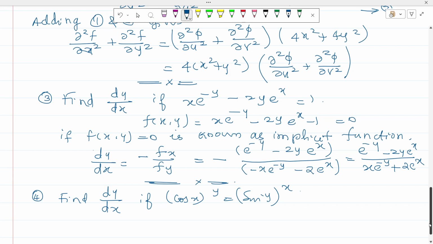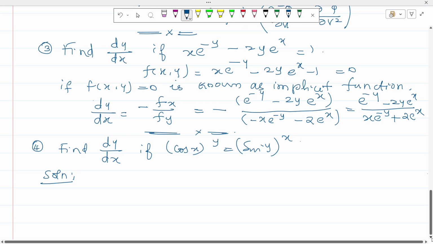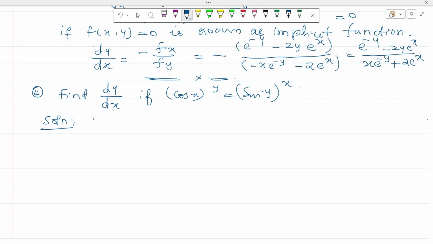If it is the given problem, then if you are able to write that, otherwise just listen to this problem, afterwards you can do. So what is given here, (cos x)^y equal to (sin y)^x.